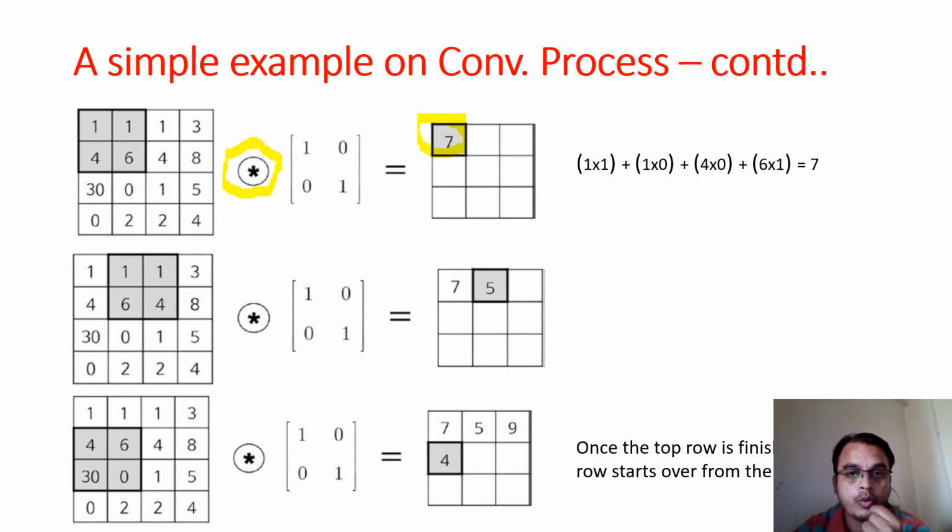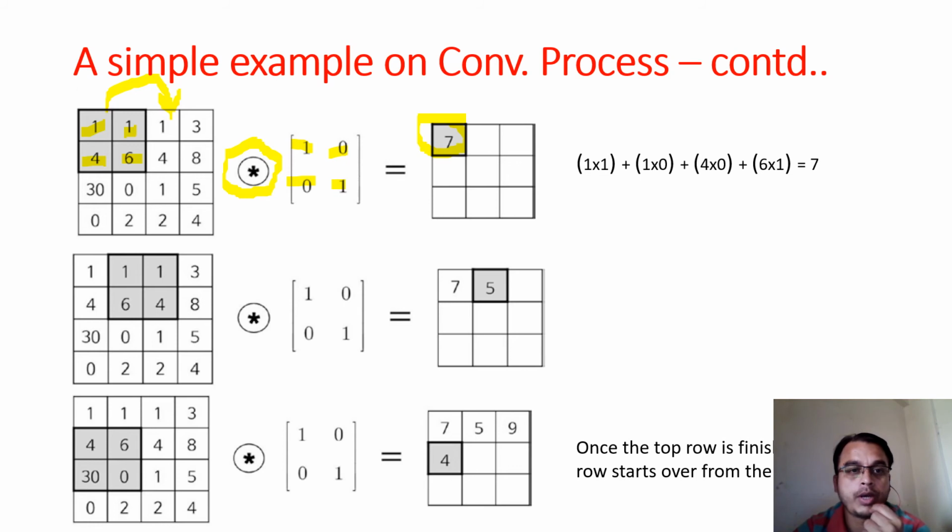that 1 into 1 plus 1 into 0 plus 4 into 0 plus 6 into 1, that is equal to 7. Again, stride from this position to the second position.